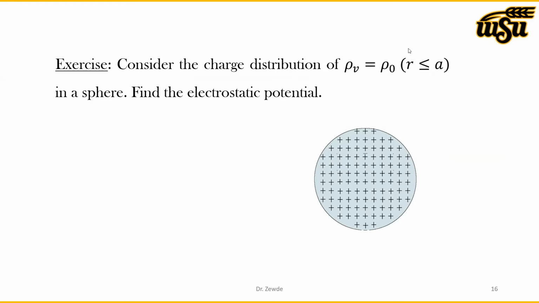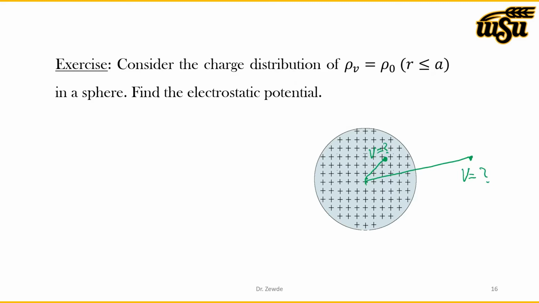Just like we did for electric fields, we have two cases: one inside this sphere, and the other outside the sphere. What is the electrostatic potential V at this point outside the sphere, and what is V inside the sphere at this point?